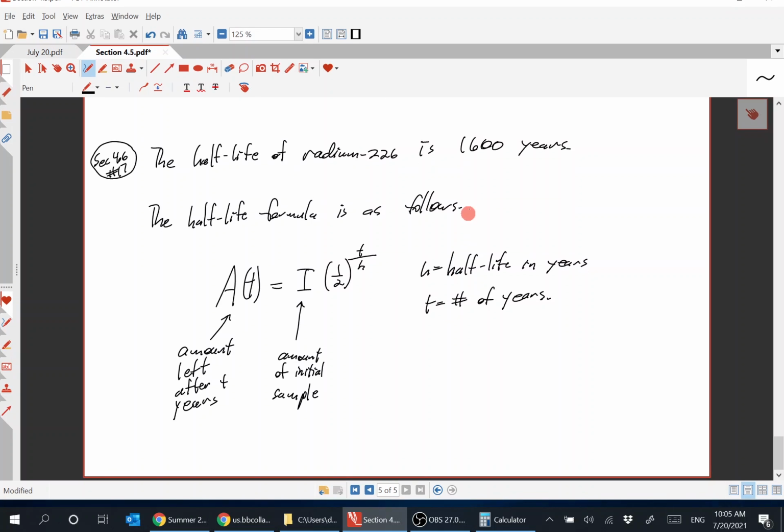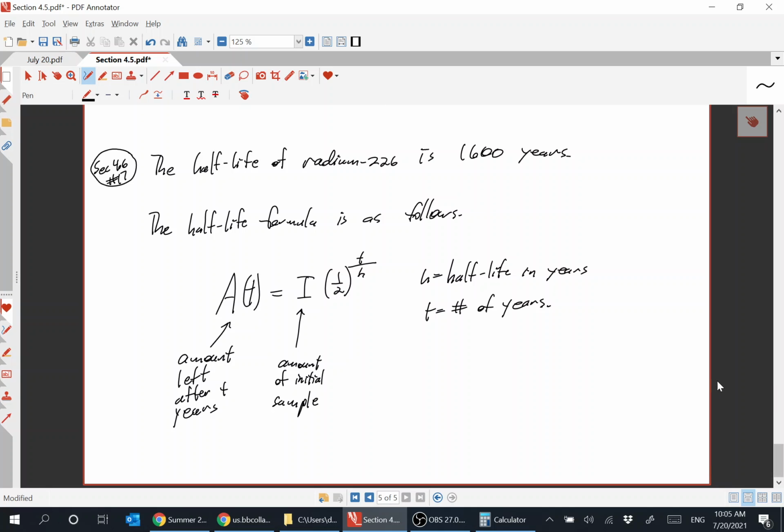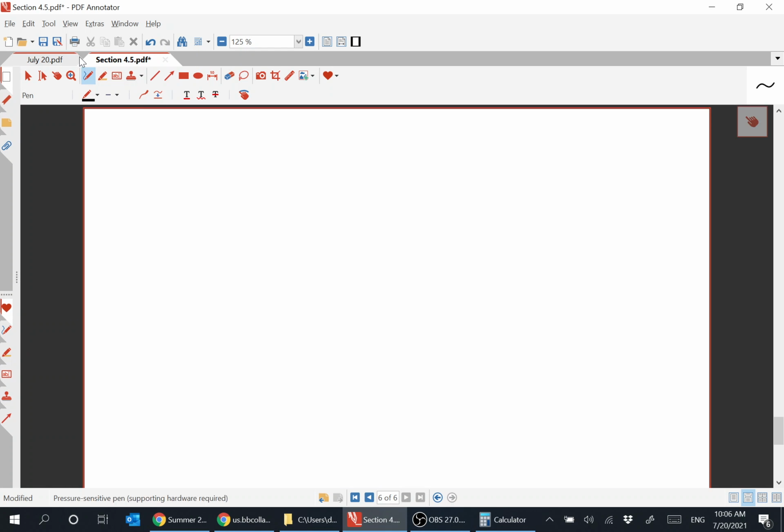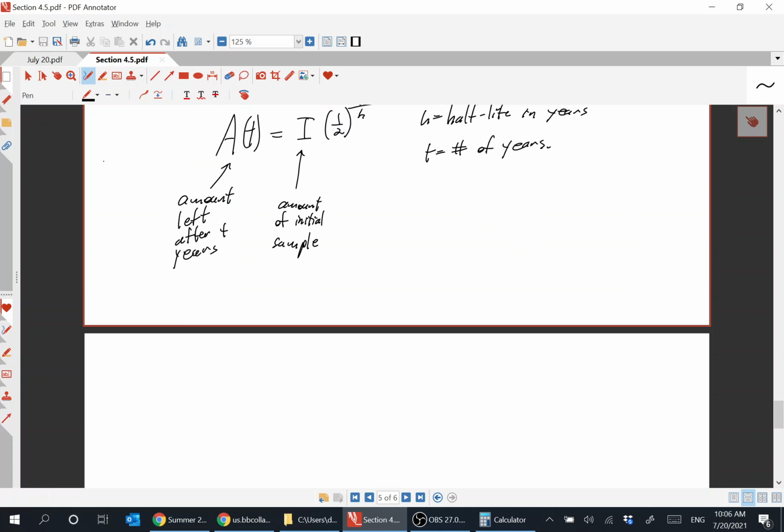Okay, so in this example, let's answer the following questions. A, apply the half-life formula to our example for radium-226 with an initial sample of 22 milligrams.